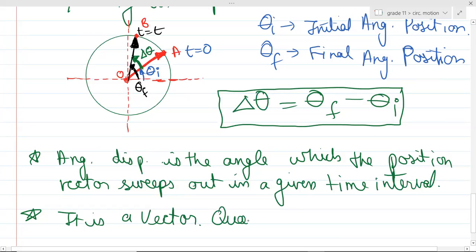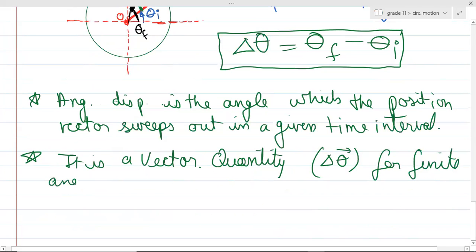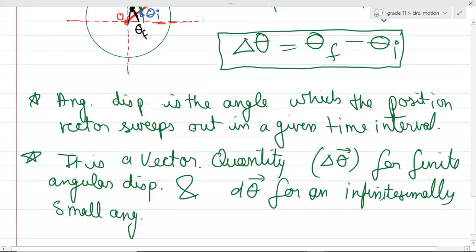It is a vector quantity denoted by delta theta vector for a finite angular displacement, and d theta, you remember differential, for an infinitesimally small angular displacement.